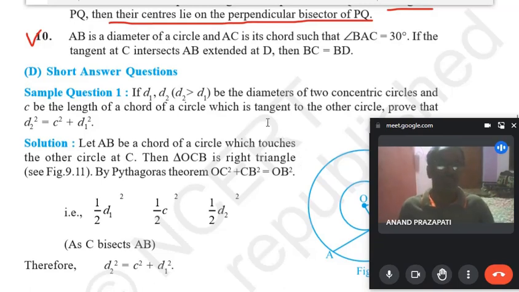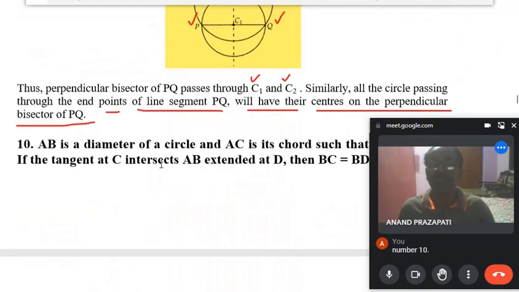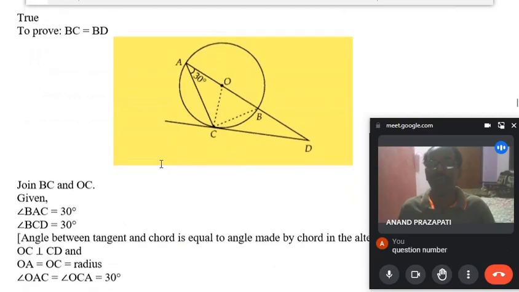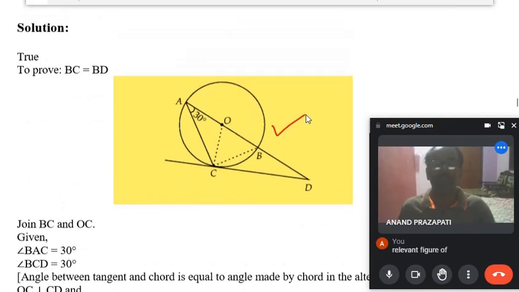So this is a true statement. Let's see the explanation of question number 10. This is the relevant figure of question number 10.